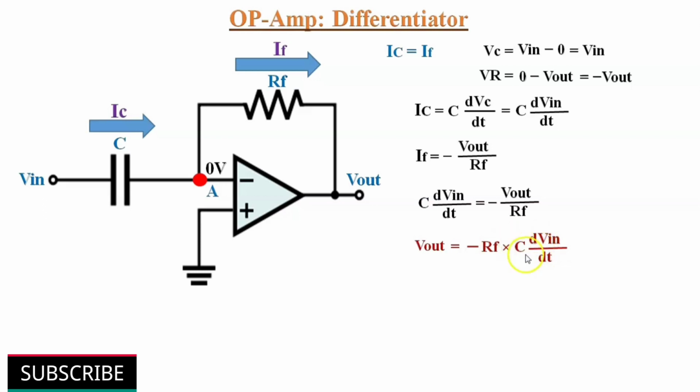This equation shows that output is the differentiation of the input signal with an inversion and scale multiplier RC. If we examine this equation, we can say that if the input voltage is constant, that is dVin by dt equals 0, then the output voltage is also 0. The faster the input voltage changes, the larger the magnitude of the output voltage.